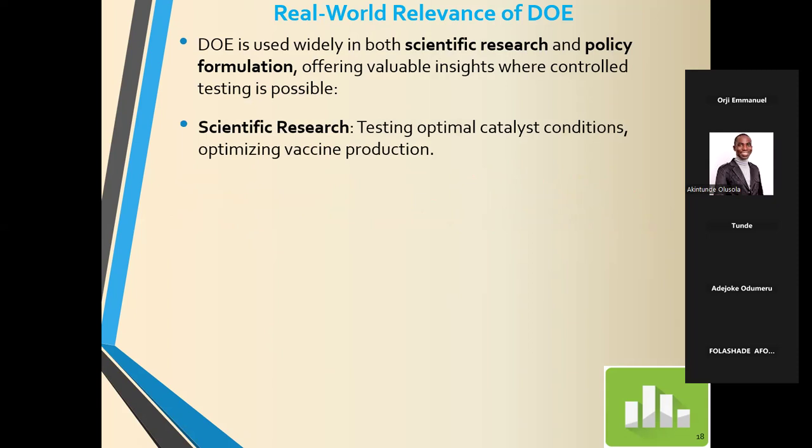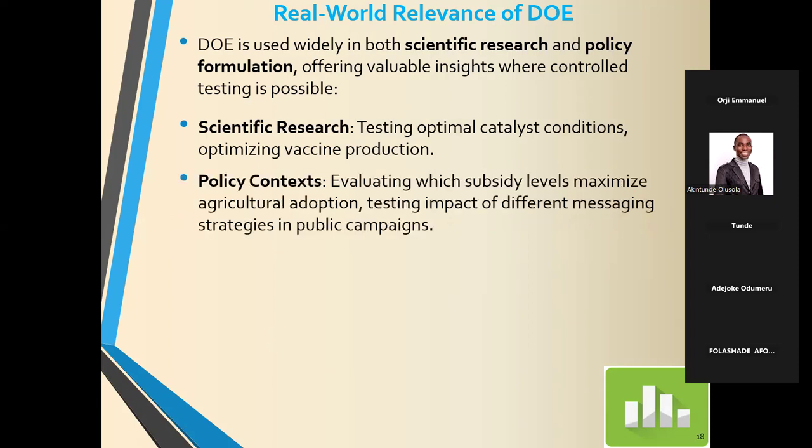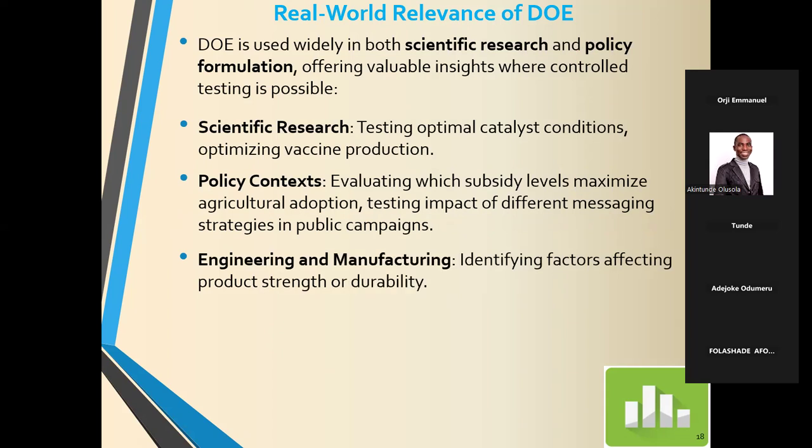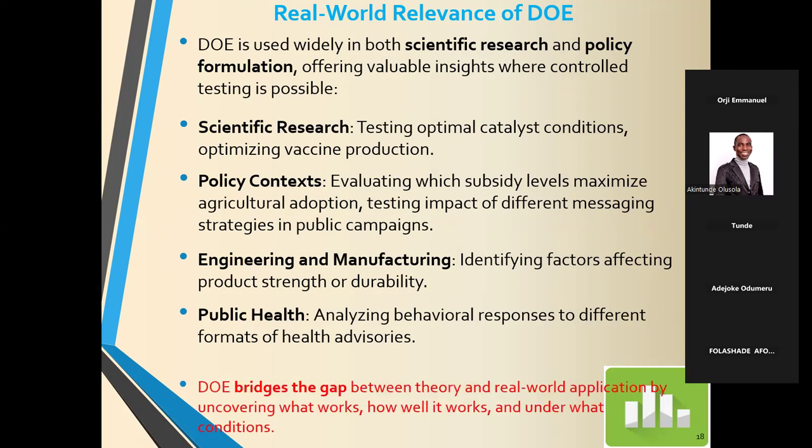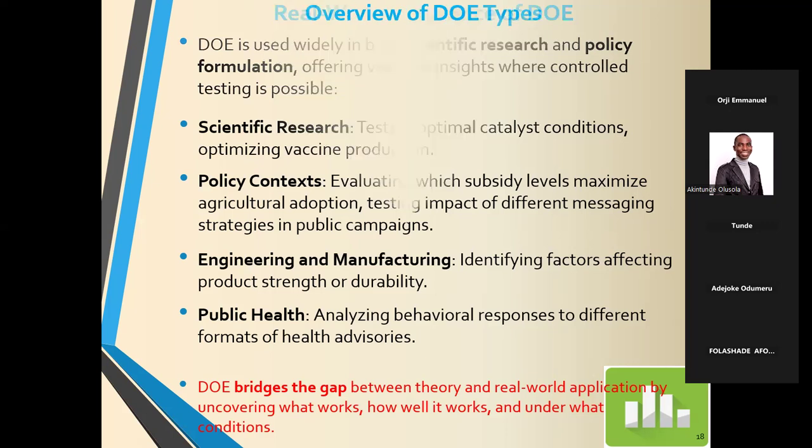It is used in engineering and manufacturing, public health, and so on. In conclusion, DOE bridges the gap between theory and real-world applications by uncovering what works, how well it works, and under what conditions it works.